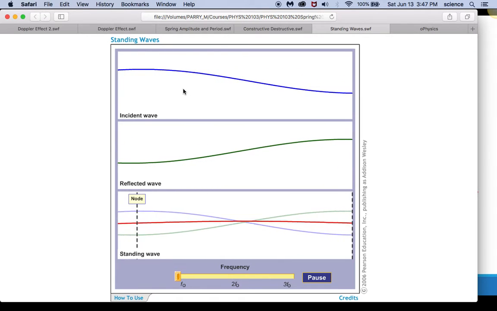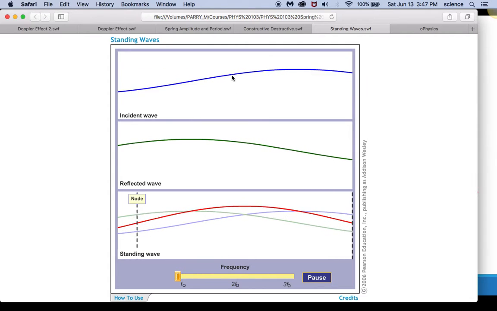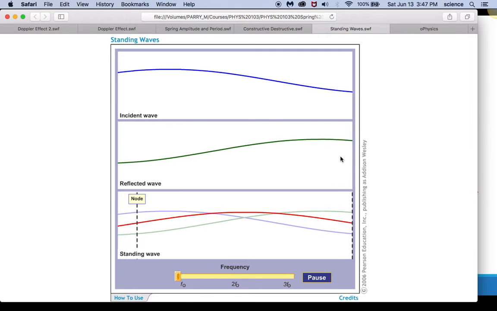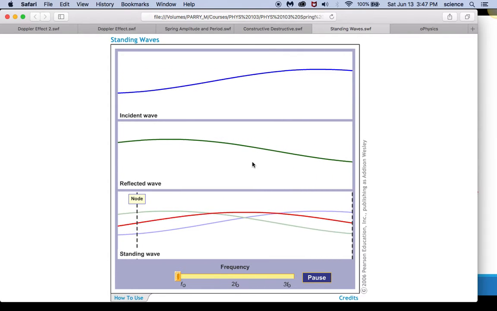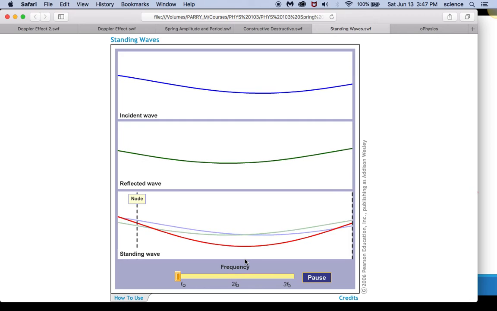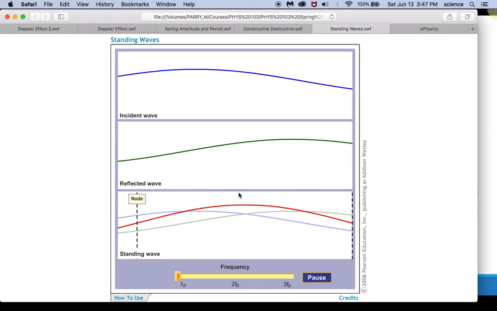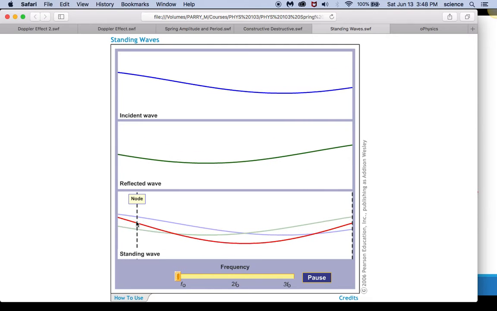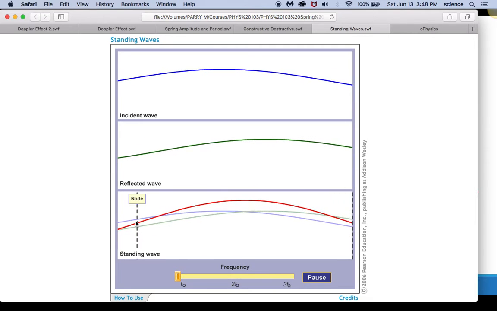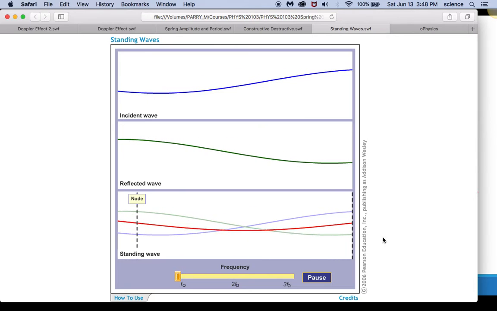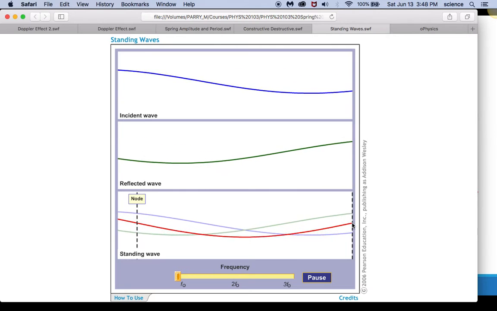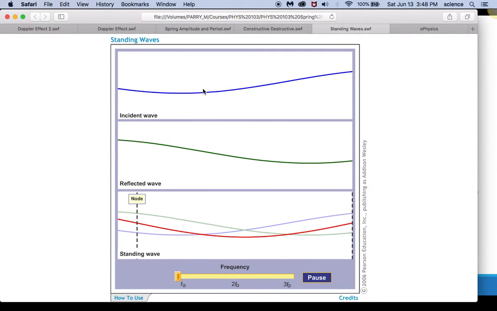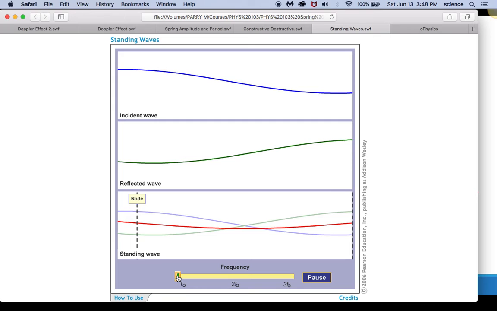These frequencies are set up to be just the right values so that when the incident wave traveling forward and the one reflected back interfere with one another, you have a large amplitude, a large vibration, in the center, and at one edge you have a node, where there's no vibration and the waves always cancel out, and at the other end you also have a node. This is the very first frequency for these two waves at which you can get standing waves.